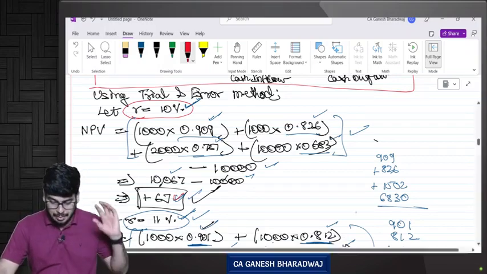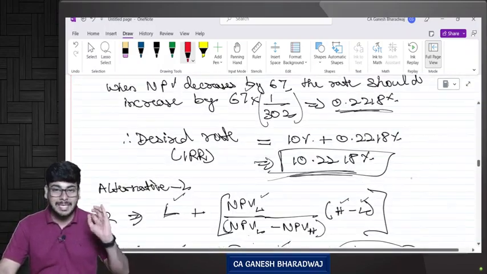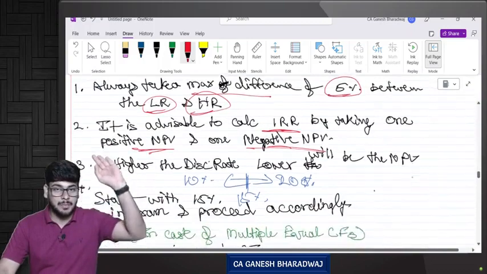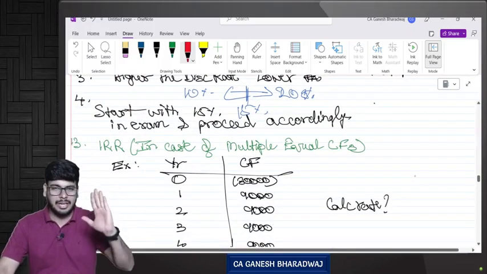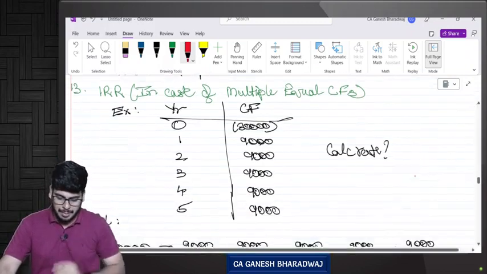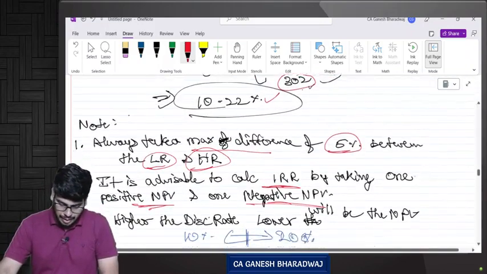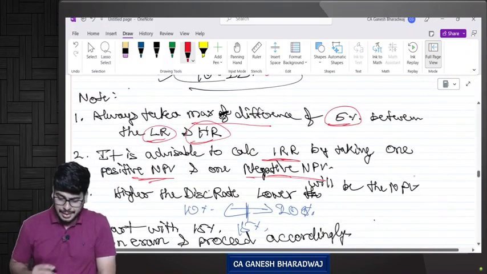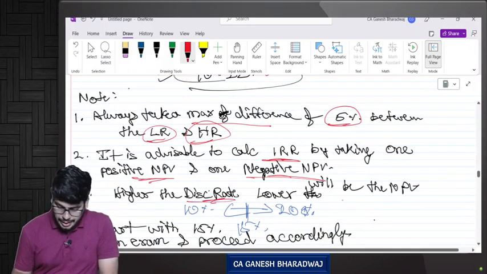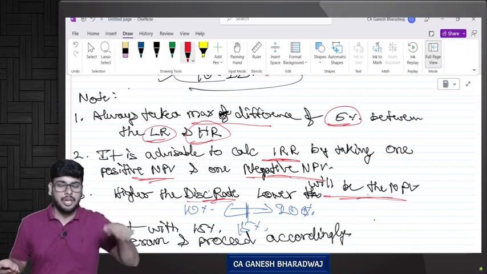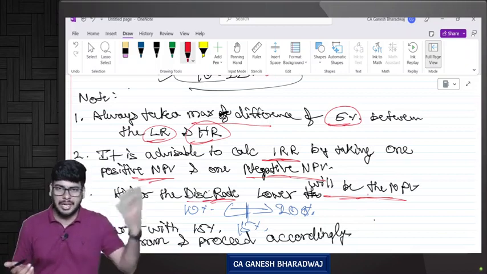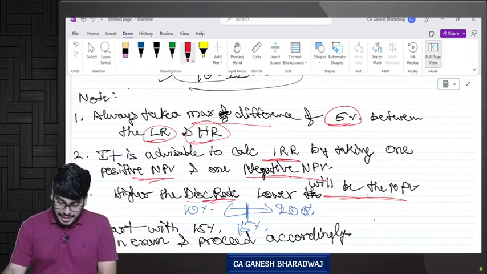So always remember, when you are taking the trials, one trial should give a positive NPV and another trial should give a negative NPV, right? Next, the higher the discount rate, the lower will be the net present value. You know that the higher the denominator, the lower will be your final result. Correct or not? Yes, we know this.